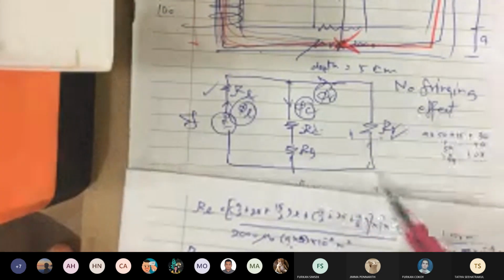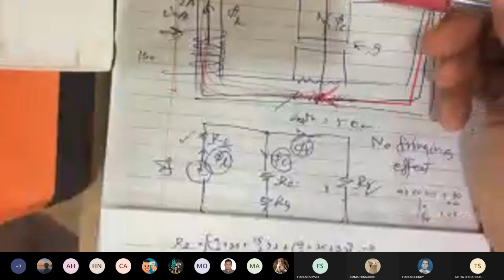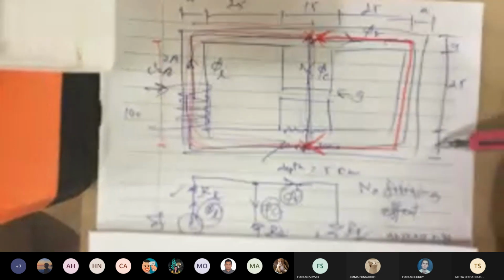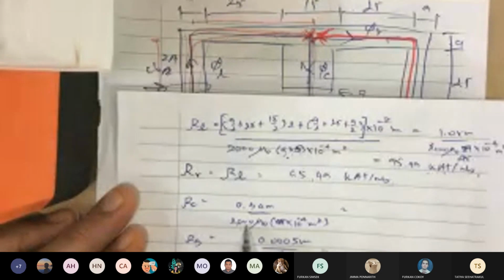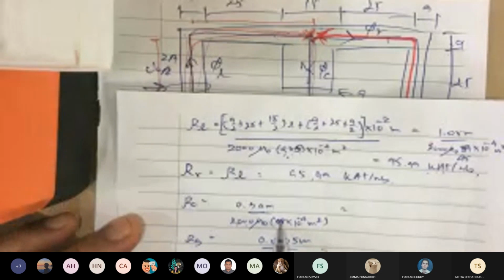So you look at our center. Our center is, of course, this distance here. Hang on, I'm off screen. It's 9 by 2 plus 25 plus 9 by 2, which is 34 centimeters or 0.34, again divided by 2000 mu naught. But you have to be careful here. I made an error there. I was in a hurry, and I just remember that I did it wrong.